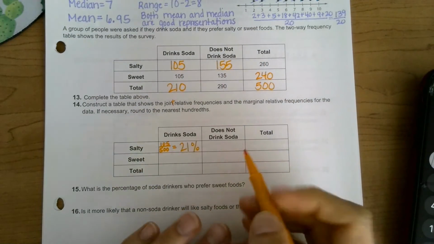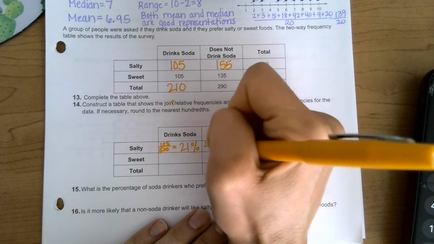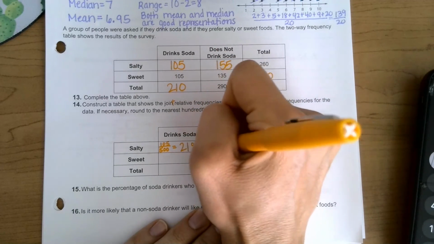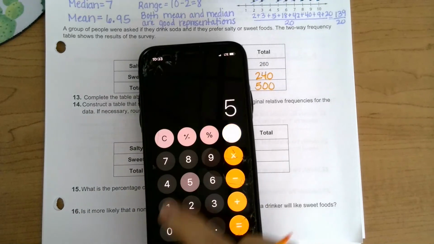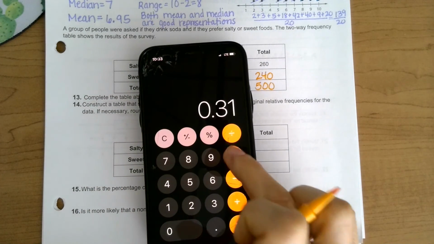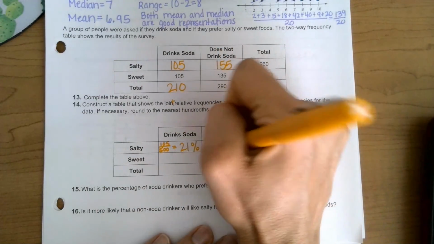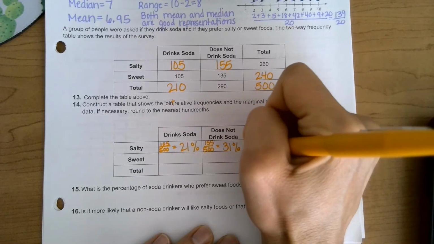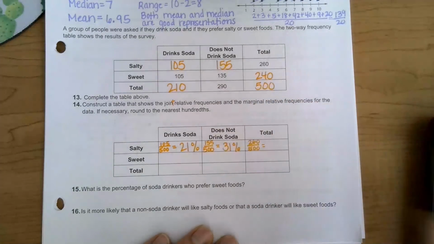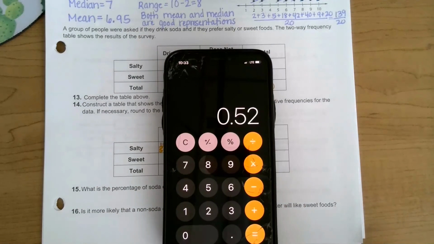Does not drink soda, but likes salty food: 155 divided by the total, 500. 155 divided by 500 is 0.31, times 100, 31%. Total 260 divided by 500 is 52%.